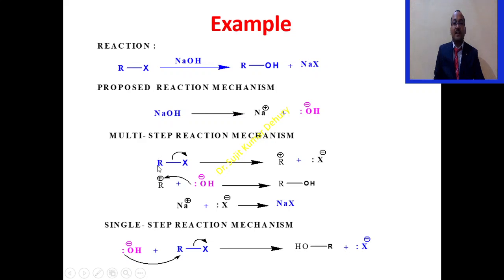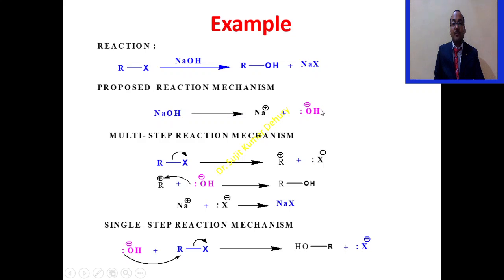In the first step, the RX bond will break on atom X because its electronegativity value is higher, because the atom whose electronegativity is higher attracts the shared pair of electrons more towards itself. That is the concept of electronegativity. That leads to R plus and X minus.